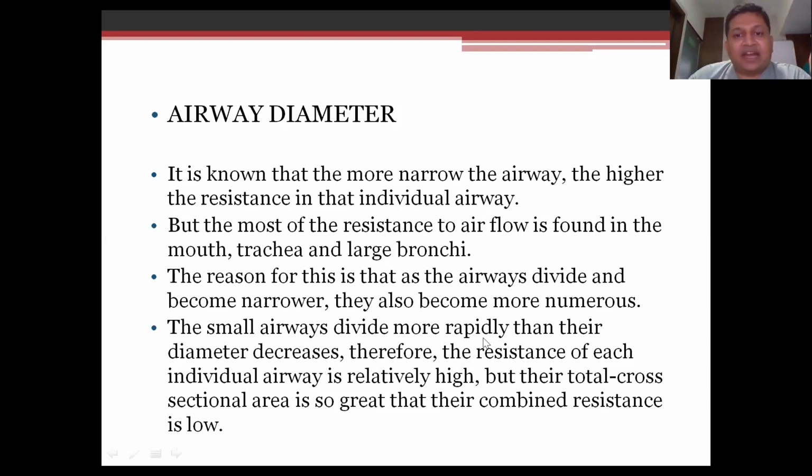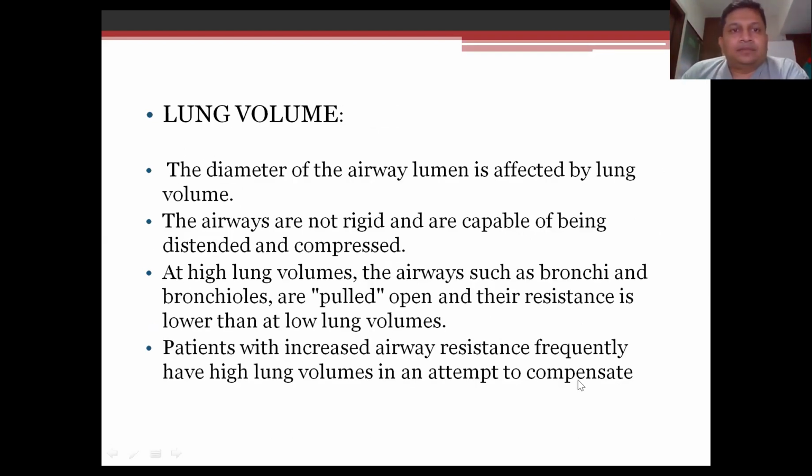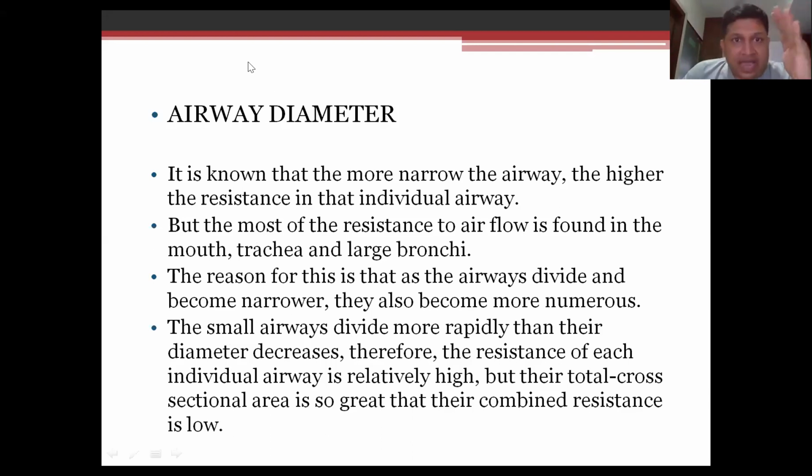Small airways divide more rapidly than their diameter decreases. Therefore, the resistance of each individual airway is relatively high, but their total cross-sectional area is so great that their combined resistance is low, if you can understand this. So airway diameter is not of so much importance in the peripheral part.